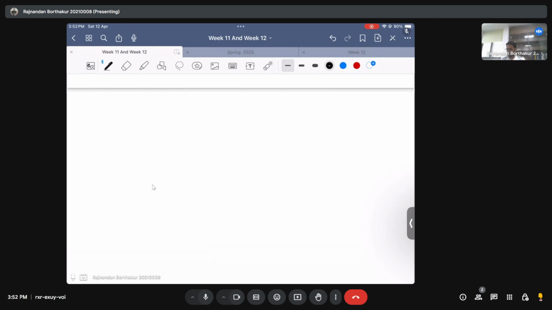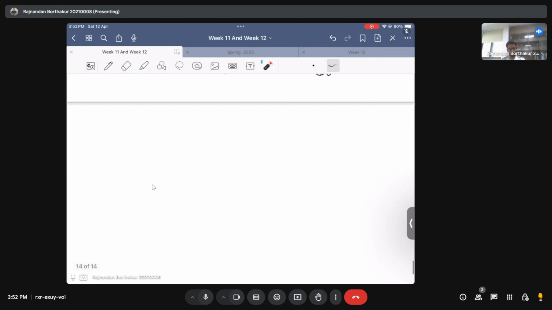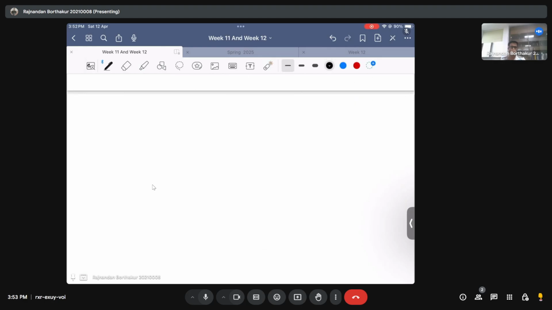All right, so now we need to basically solve this. But what do we have to do? Since we have reduced the 3D problem into the 2D problem, we can use the stream function approach.